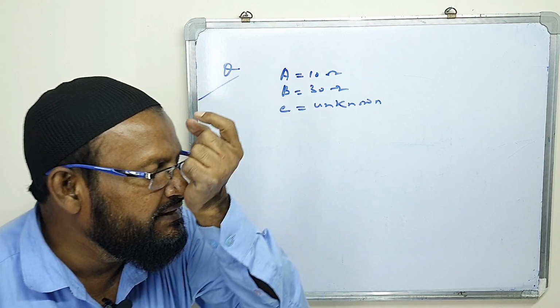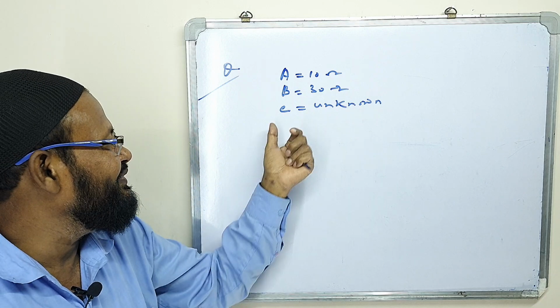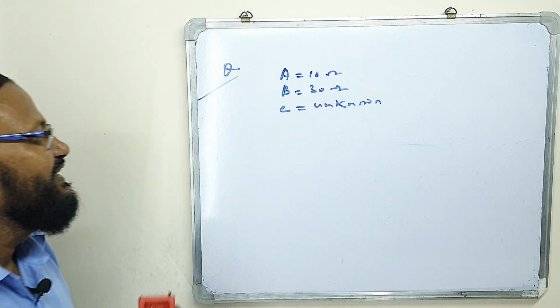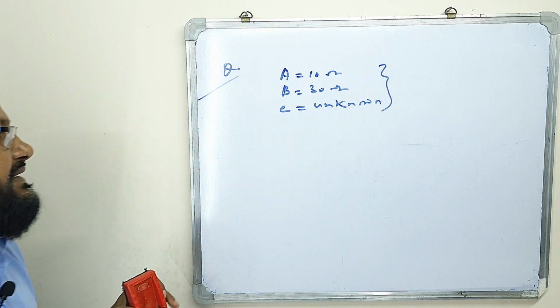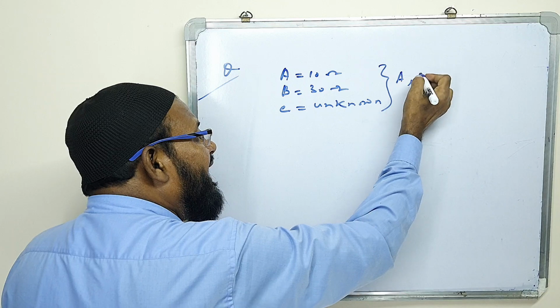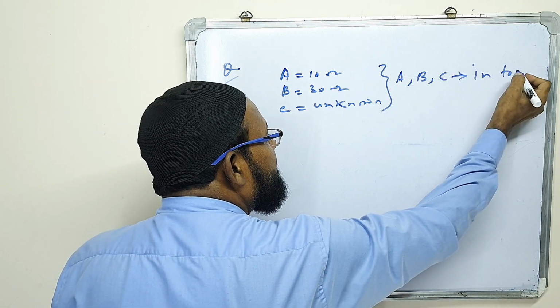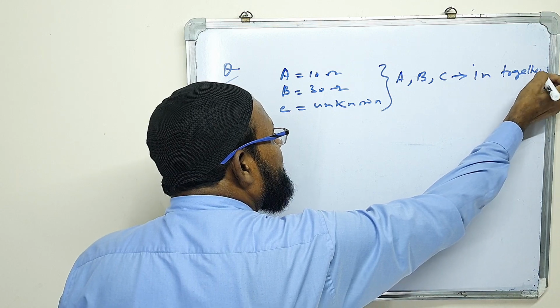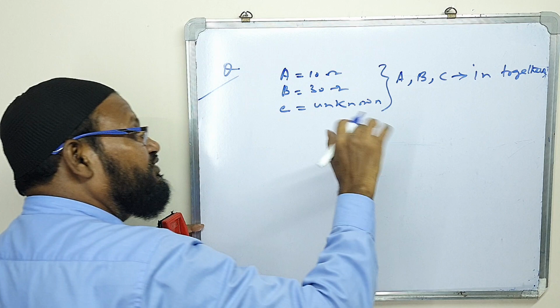A, B, C are 3 resistances; A is 10 ohm, B is 30 ohm, C is unknown. Here is one condition. The condition is that A, B, C should be used together. This is condition number 1.